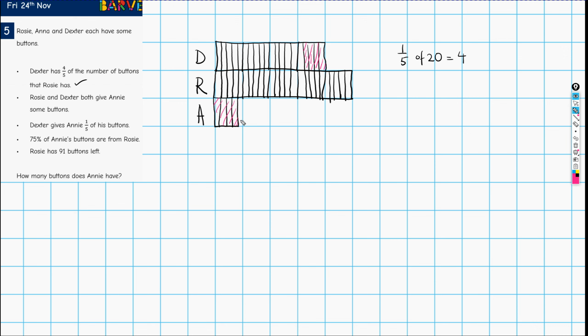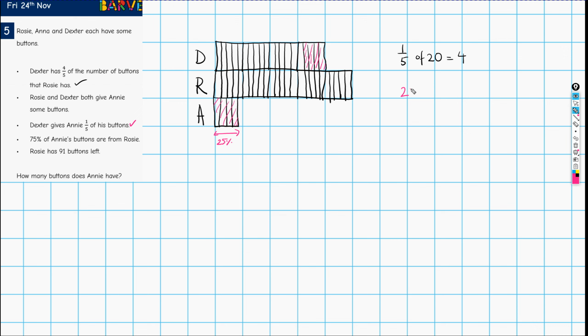Okay, what are we told next? Well, we're told that 75% of Annie's buttons are from Rosie. Now, if 75% of Annie's buttons are from Rosie, well, she only gets buttons from 2 people. That means that the rest of the buttons must be the ones from Dexter, which means that this part here is equivalent to 25% of Annie's total buttons.